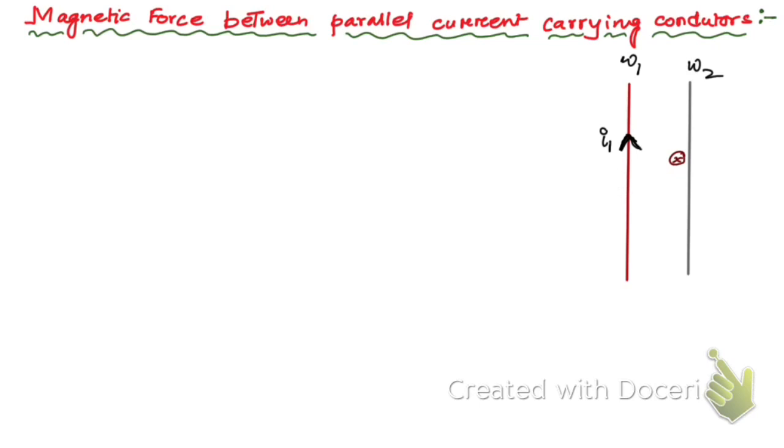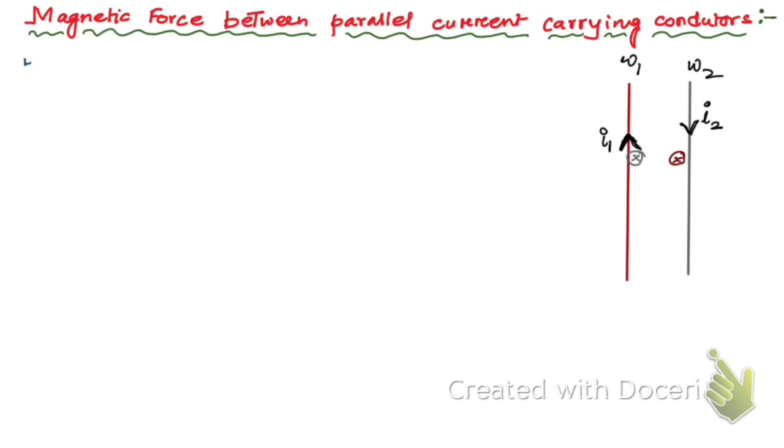And let us consider the current. We are considering the case of current flowing in opposite direction. There will be two cases: currents in the same direction and in opposite direction. First, let us discuss the case of opposite direction current, right? So here I2 is the current carried by W2, and the magnetic field due to W2 is given by this cross.